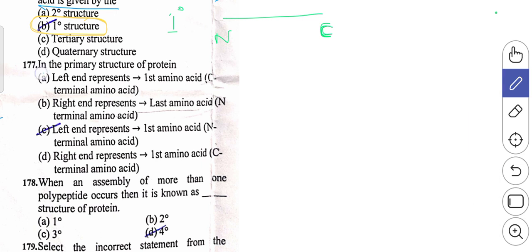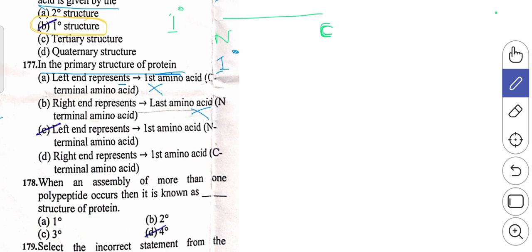The next one, in the primary structure of protein, again the primary structure. So left end represents first amino acid C terminal, wrong. Right end represents last amino acid N terminal, this is also wrong.